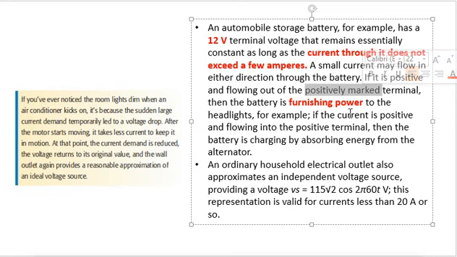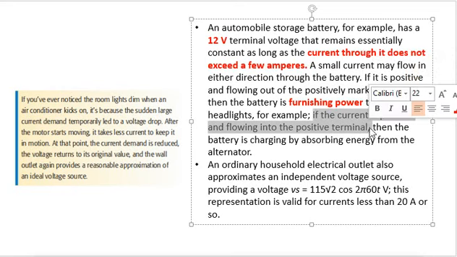Tama ba? So, if you'd like to figure out kung ano ba yung flow ng current, kasi sa mga battery nagsusupply sila ng power doon sa positive terminal. Sabi niya doon sa positive terminal, flowing out the positively marked terminal. Kapag doon sa positive terminal may lumalabas, doon yung direction palabas ng current, ibig sabihin, nagsusupply siya ng current. Diba? Can you still remember?